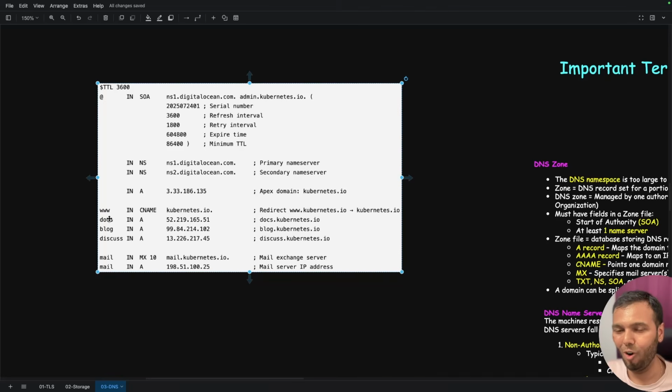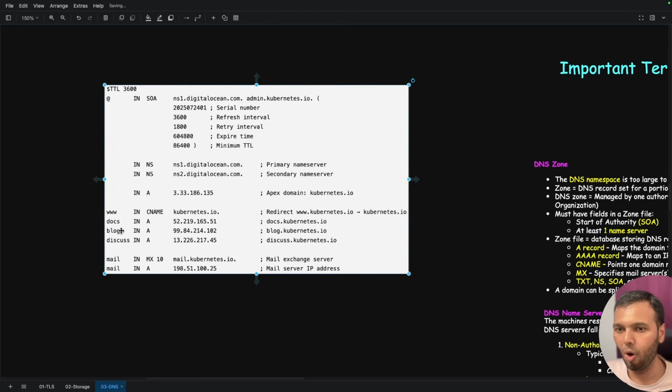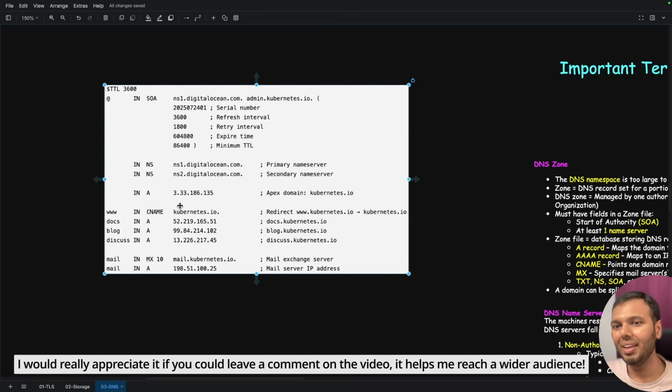If someone wants to access docs.kubernetes.io, then the name servers that are hosting this zone file will return this IP address. Similarly, blog with this IP, discuss with this IP, and then if someone tries to access www.kubernetes.io, it will be redirected to just kubernetes.io.